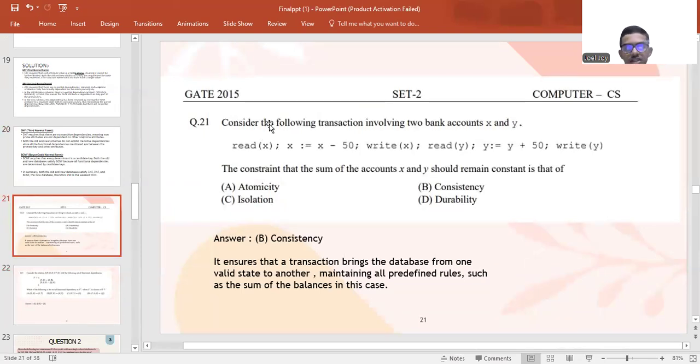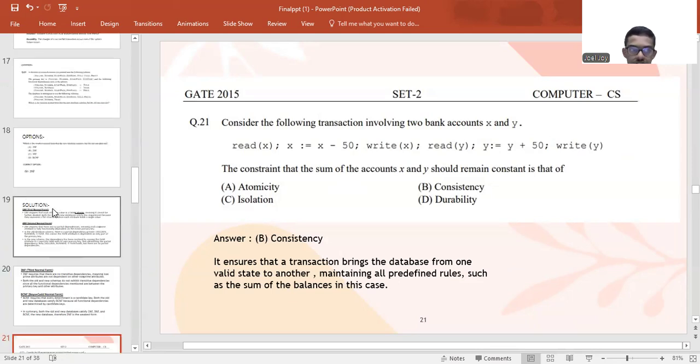It basically says, consider the following transactions involving 2 bank accounts, X and Y. They are given: read of X gives X implies X minus 50, write of X, and read of Y gives Y implies Y plus 50, and write of Y. The constraint that the sum of the accounts X and Y should remain constant is that of, they've given four options: atomicity, consistency, isolation, durability. The correct answer from this is consistency.